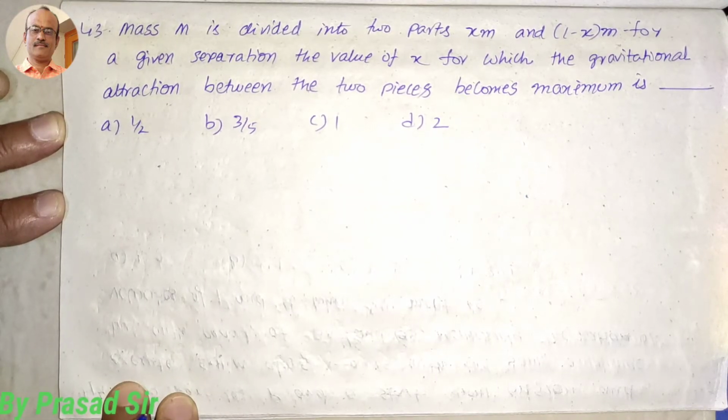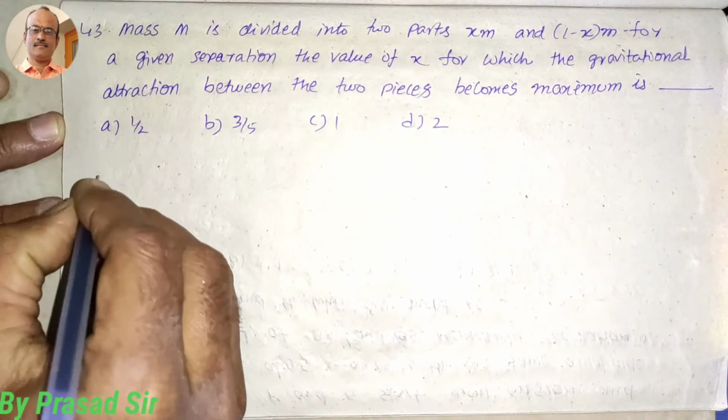Now the question number 43. Mass M is divided into two parts, x m and (1 minus x) times m. For a given separation, find the value of x for which the gravitational attraction between the two pieces becomes maximum.